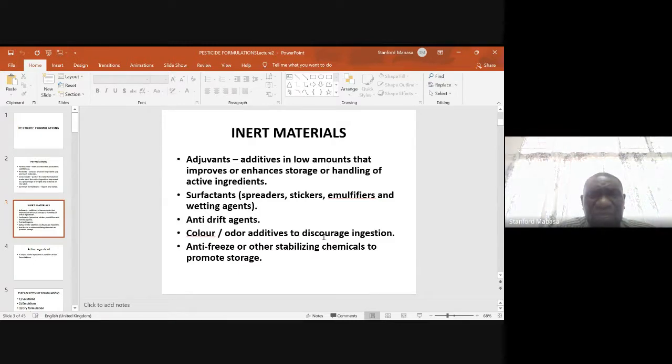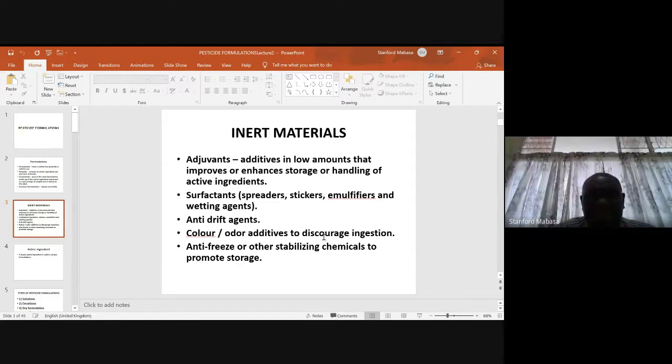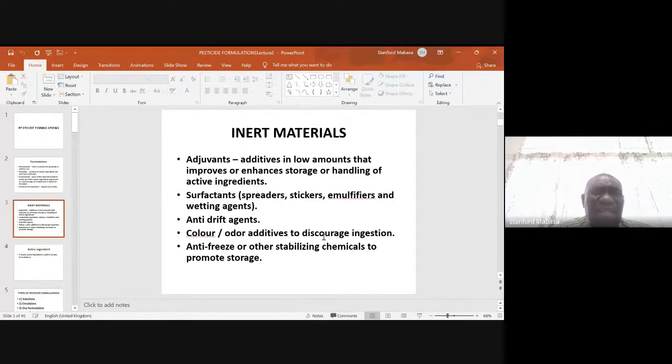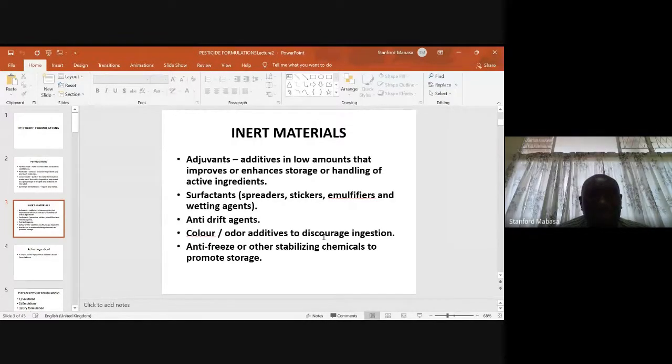You can have what are known as adjuvants. Adjuvants are additives in low amounts that improve or enhance storage or handling of active ingredients. So that is the purpose of the adjuvants. They facilitate handling of pesticides.